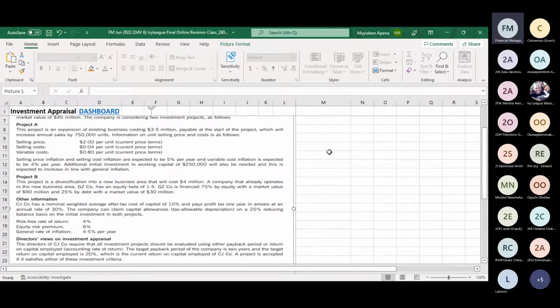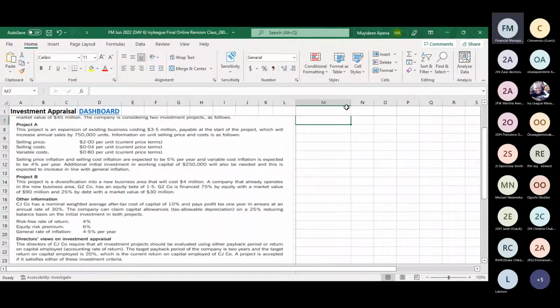So a company that already operates in the new business area is called GZCO, and this company has an equity beta of 1.5. This company is financed 75% by equity with a market value of $90 million and 25% by debt with a market value of $30 million.